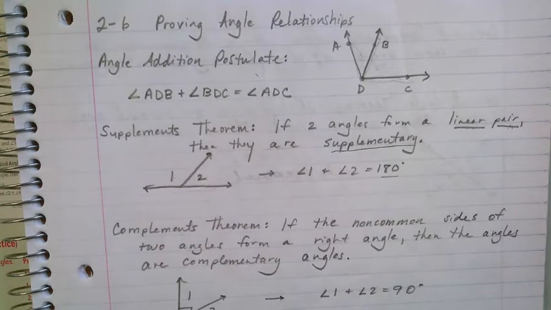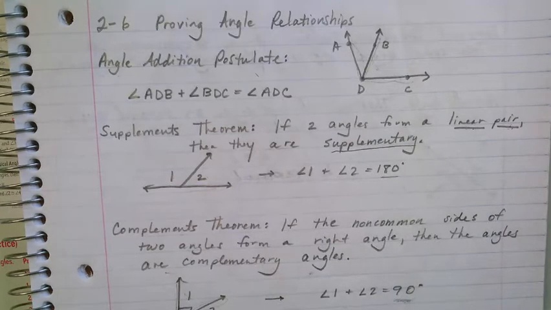The complements theorem, the next one, says this. If the non-common sides of two angles form a right angle, okay? So the common side would be this one right here. The non-common sides would be this one here and this one here. If those two sides form a right angle, which in my picture they do, then the angles are complementary angles. So the two angles that make up that right angle have to be complementary.